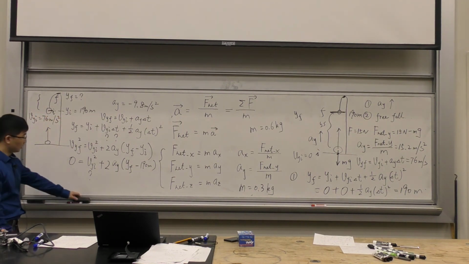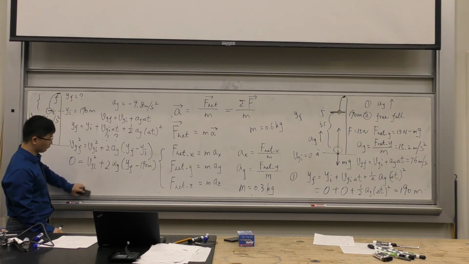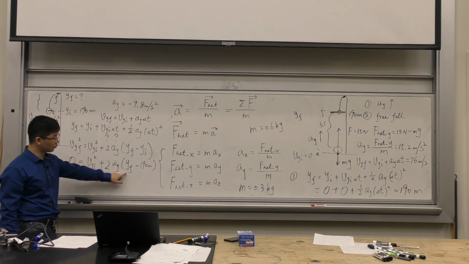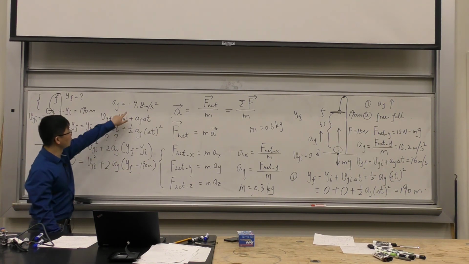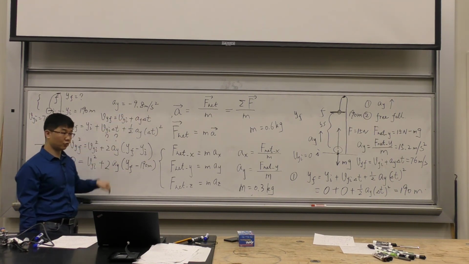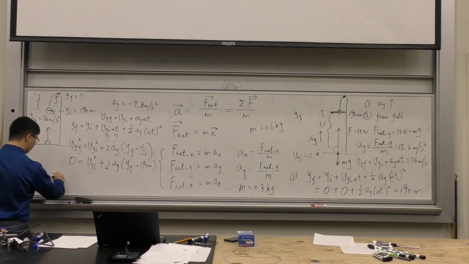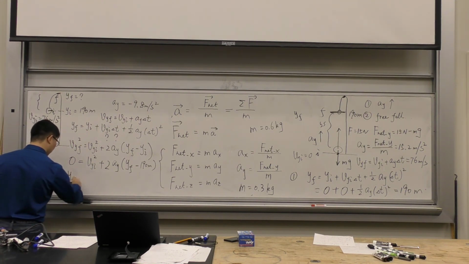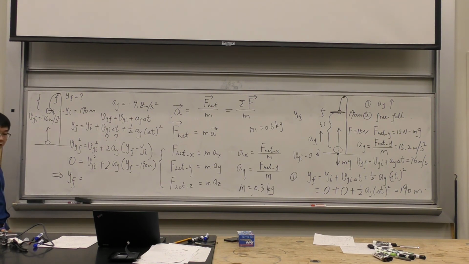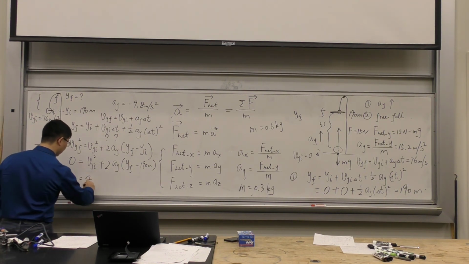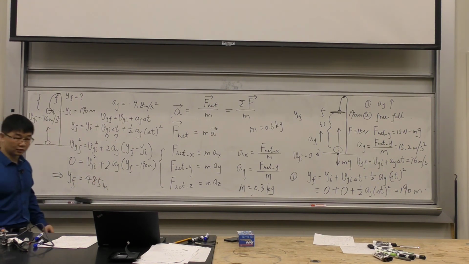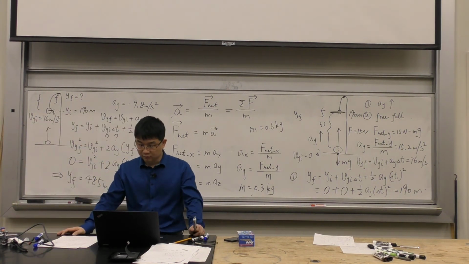So I have all the numbers in this equation except for YF, because the acceleration is negative 9.8 in free fall. I can rearrange this equation to get the YF. And then what is the YF you got? The YF I got is 485 meters. So this is the answer to this question.